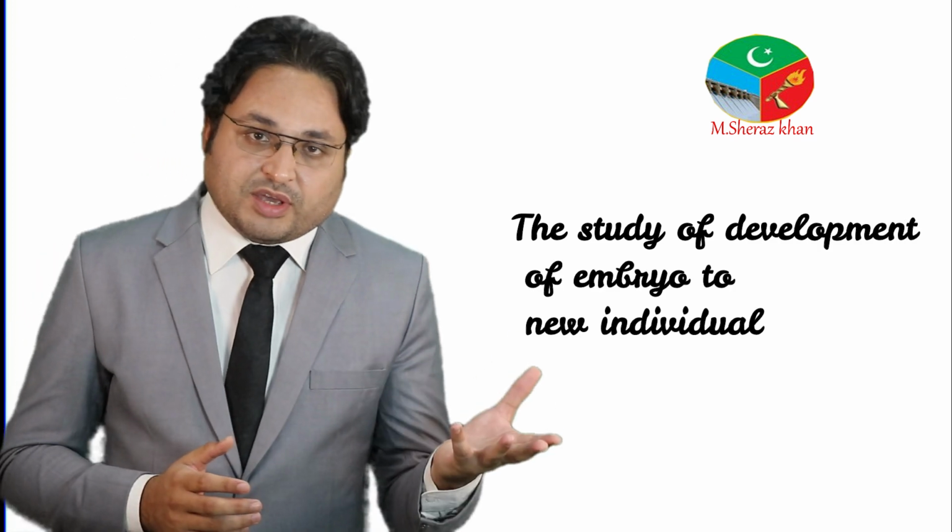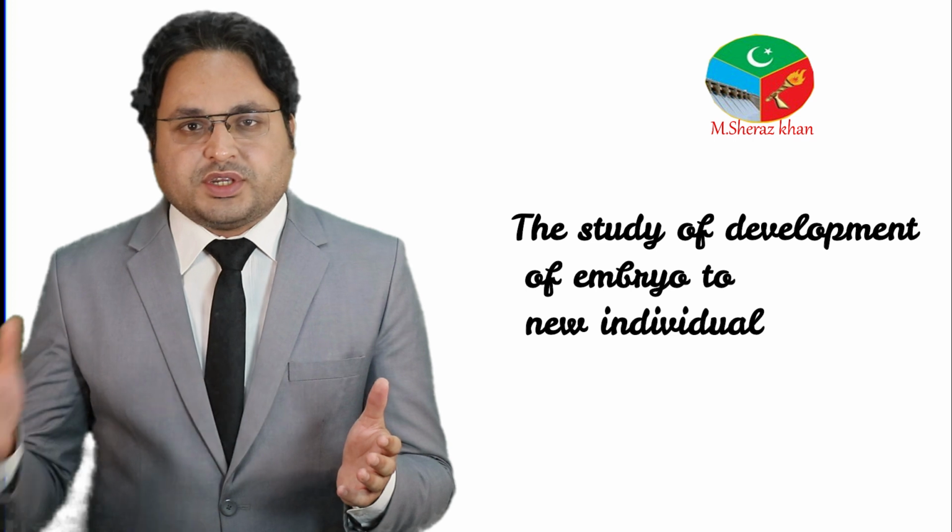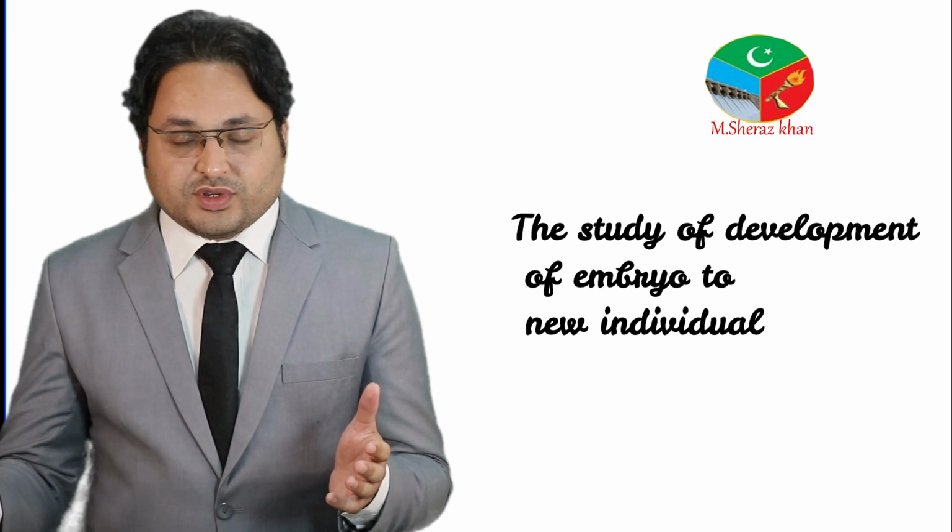So the branch of biology in which we study the embryo and its different developmental stages, from the formation of gametes till the formation of the complete individual, is called embryology.